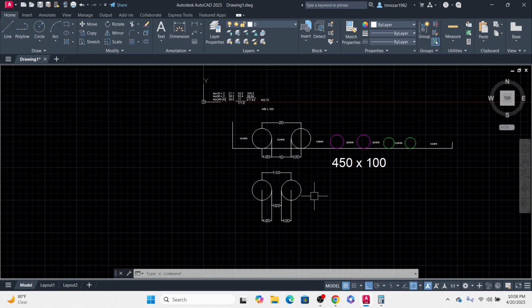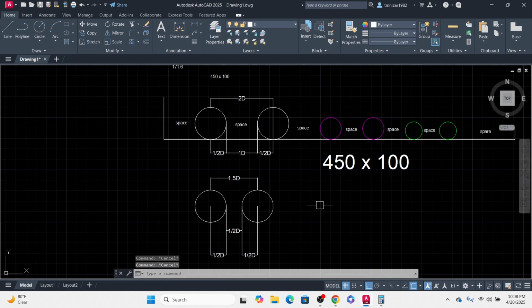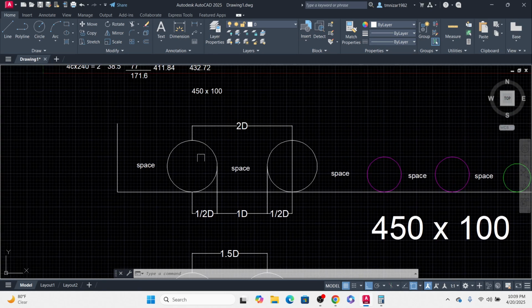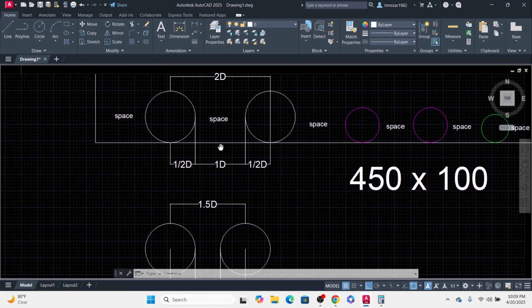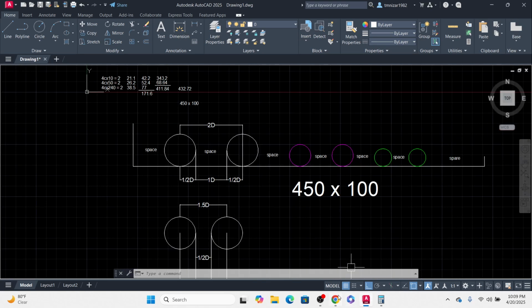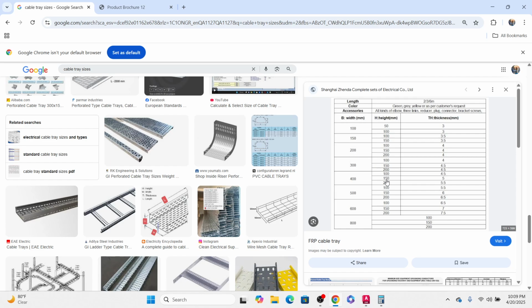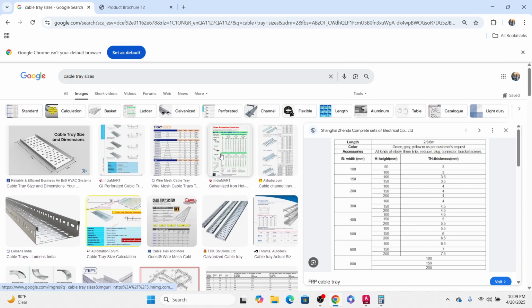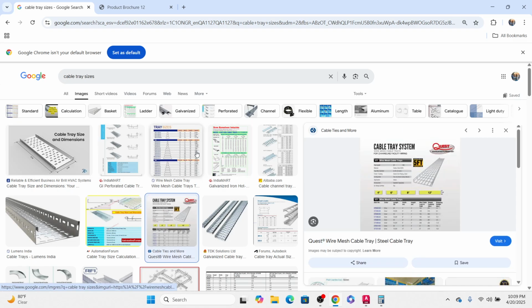So if you go with the half D space, the cable tray size will be smaller. So instead of 450, you will use this half D spacing, and you can cover this cable with a 300 cable tray. Now the sizes: from place to place, company to company, country to country, cable tray sizes can be different.